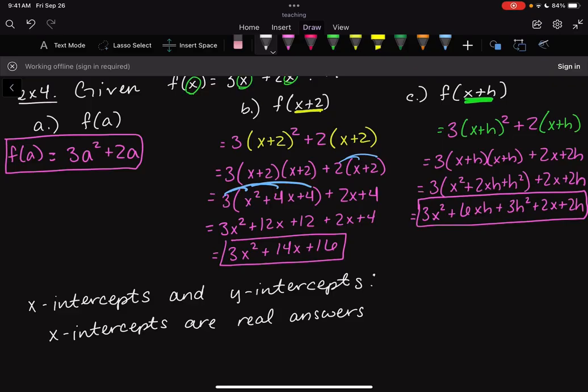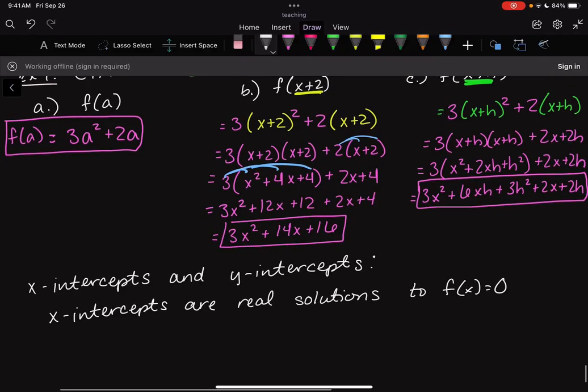So we don't want any i's or anything. Or I think in my notes I put solutions, whatever you want to say, to f of x equals 0. And it's because graphically, when your y value is equal to 0, that means you're sitting on the x-axis. So you're going to intercept the x-axis in that place.